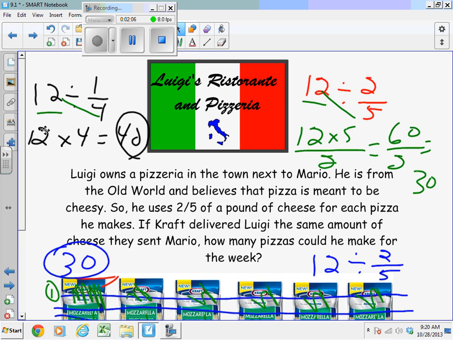Skylar, what did your team do with the second problem, 12 divided by 2/5? You did the same thing. Okay. I asked if anybody did anything differently, and nobody raised their hand. But nobody responded but one team.